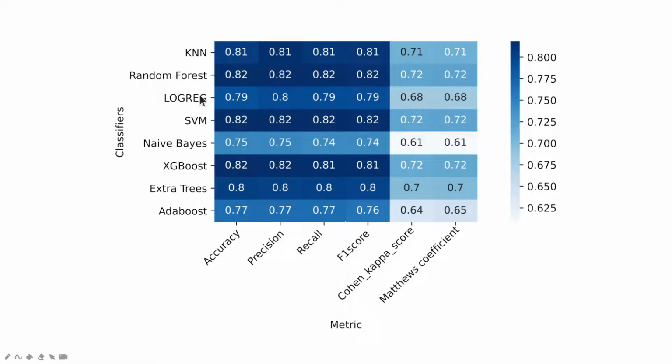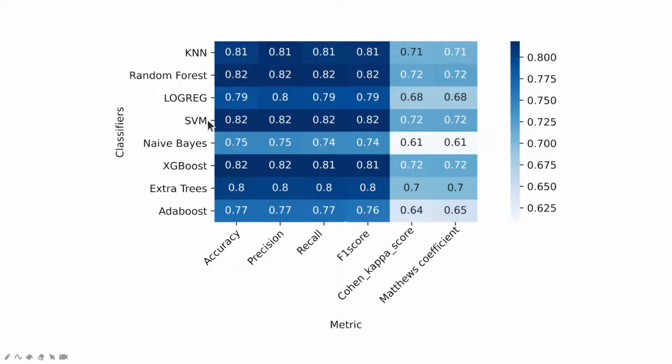Comparatively, the top classifiers are random forest and SVM, because they all have the same scores. When we come to XGBoost, there is a slight drop, 0.82 to 0.81. So these two are the top performing classifiers.